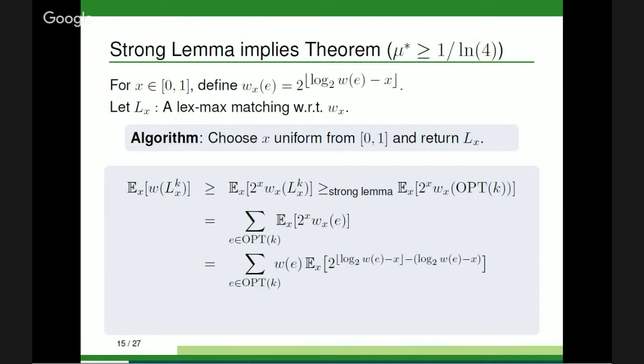So this is a number between -1 and 0. And actually, because x was chosen uniformly at random, you can show that this is the expectation of 2 to the minus u, where u is a uniform random variable in 0, 1. And that's where the logarithm base 2 comes from.